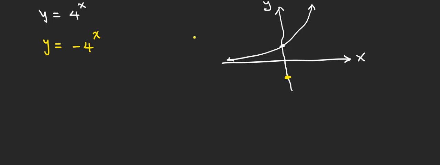Think about it. When you plug in a 0, 4 to the 0 is 1, but you have a negative, so it will be -1. So it's going to be reflected with respect to the x-axis. So it's going to look like this. That's the graph of -4 to the x.